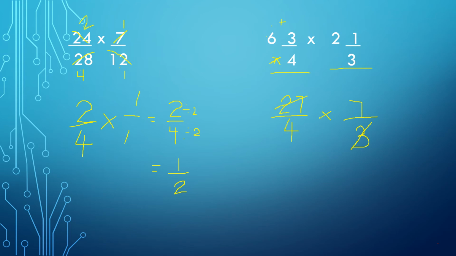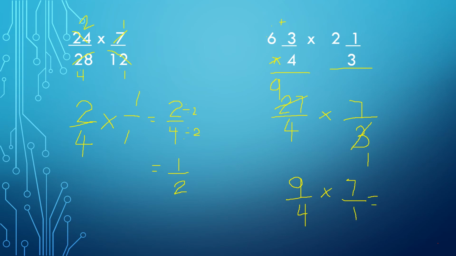We can ask ourselves, how many times does 3 go into itself? Once. How many times does 3 go into 27? 9 times. Okay, so now we're going to end up with a new problem, which is 9 over 4 times 7 over 1.